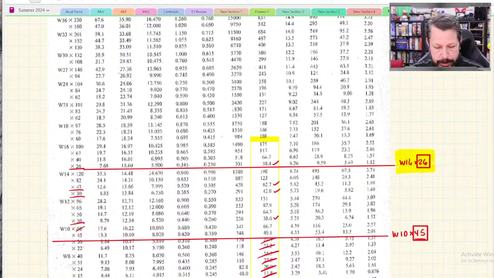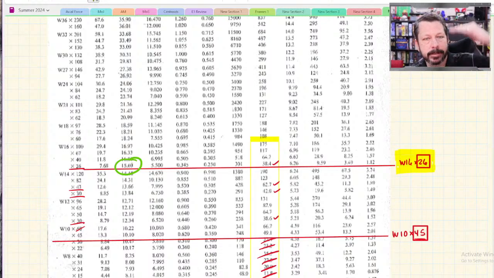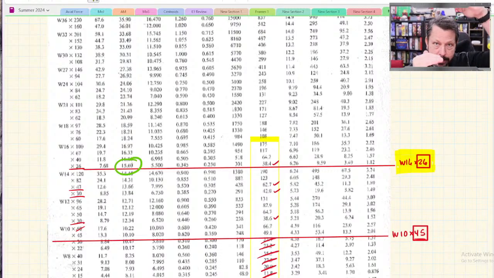If you look at our chart here, the beam is actually 15.69 inches tall. So depth means from the bottom flange to the top flange. I would call it the height, but that's not the right word. And then the last number is how many pounds per foot it weighs. So this beam weighs 26 pounds per foot. The W10 by 45 is a wide flanged I-beam, 10-inch depth, weighs 45 pounds per foot.